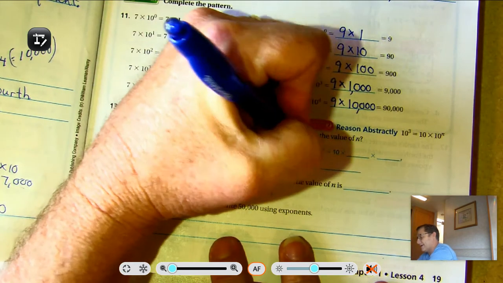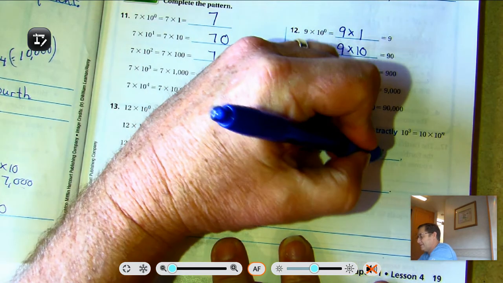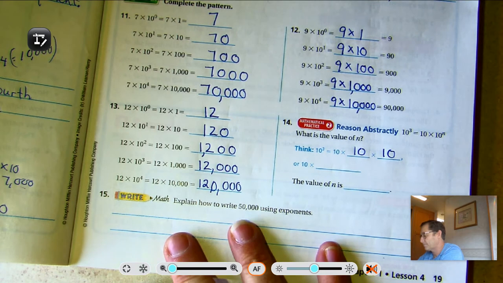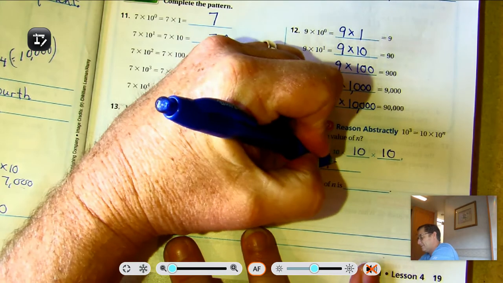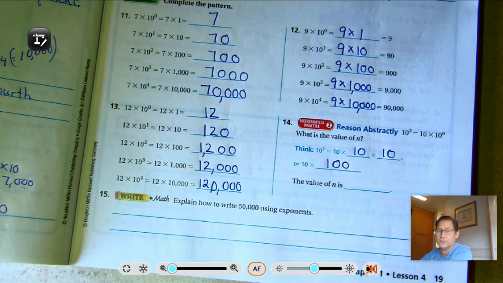So again, it's telling us, think of 10 to the third as 10 times 10 times 10, right? 10 to the third power means 10 repeating 3 times. Or 10 times 100, because 10 times 10 is 100.